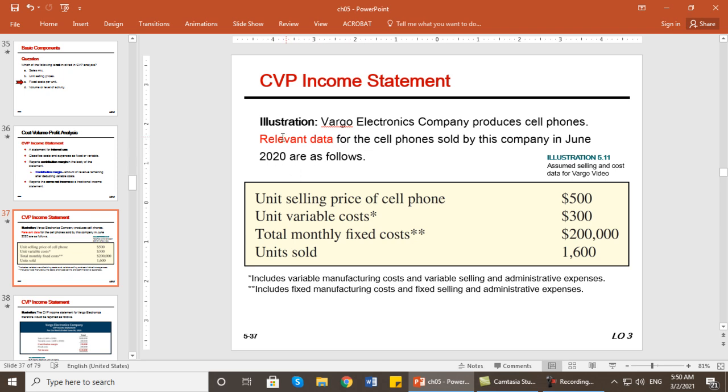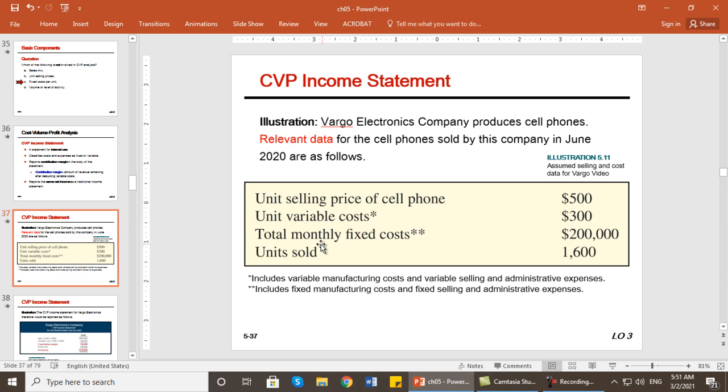We consider only relevant information. Here is the assumed selling and cost data: unit selling price for a cell phone $500, unit variable cost $300.